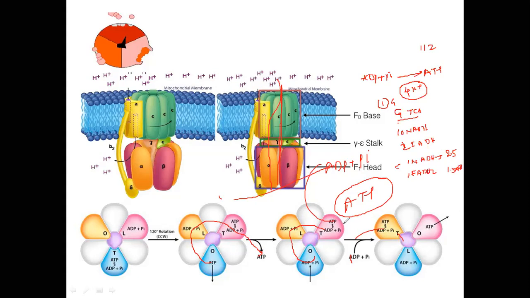When you multiply, you will get 10 into 2.5, and how many FADH do you have? Only 2, so 2 into 1.5. With this you will get 25 and 3. Together you will receive 28 ATPs.